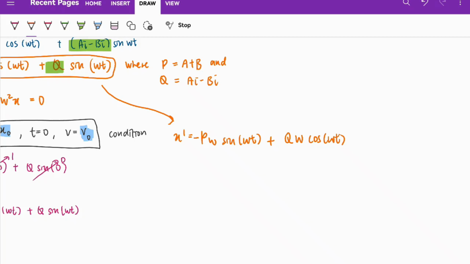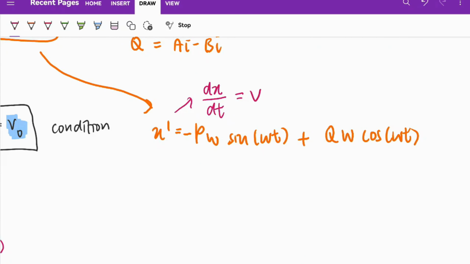Now, let's rewrite this back. So if we rewrite, this will be velocity. Now I know you might be thinking, why suddenly got velocity here? Because you differentiate your x function, it is dx/dt. And dx/dt is velocity, am I right?